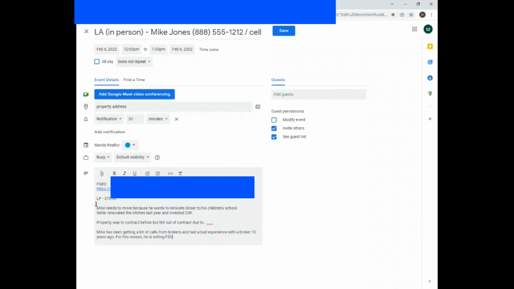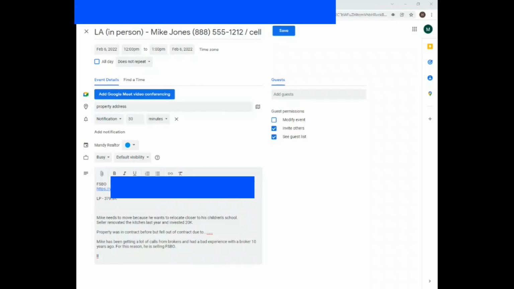For this reason, he is selling for sale by owner. This is important for my agent to know because they're walking into an environment where the seller really doesn't trust agents, and that's quite common for people that are selling for sale by owner. So we have to earn his trust. We have to show them that we're valuable and can really, really help him.